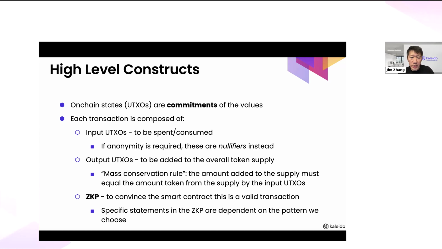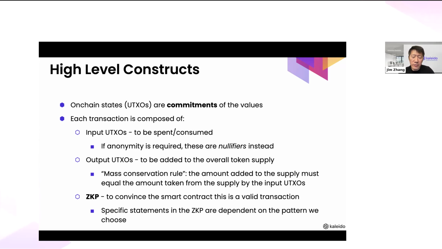And then when we construct a transaction, the input UTXOs will be a list of commitments to be spent. We will see later that some patterns allow us to have anonymity, which means we're hiding which input UTXOs are being spent, and we're hiding the ownership of each UTXO.